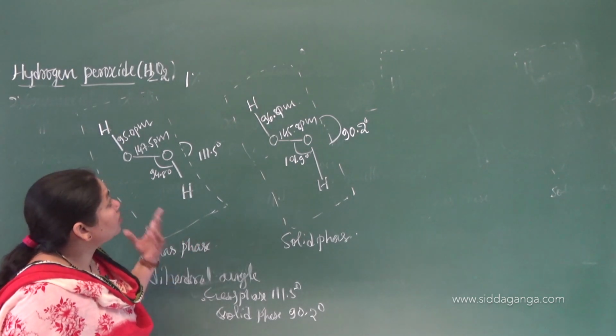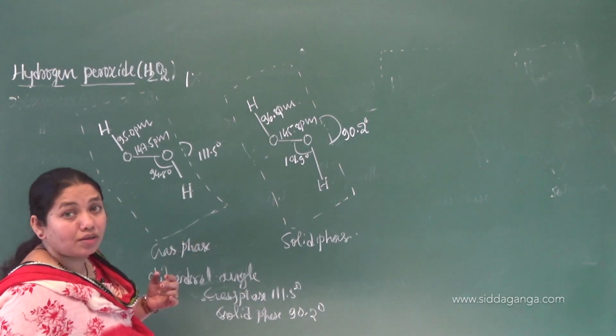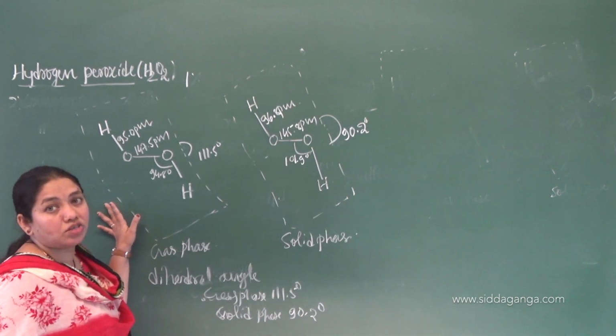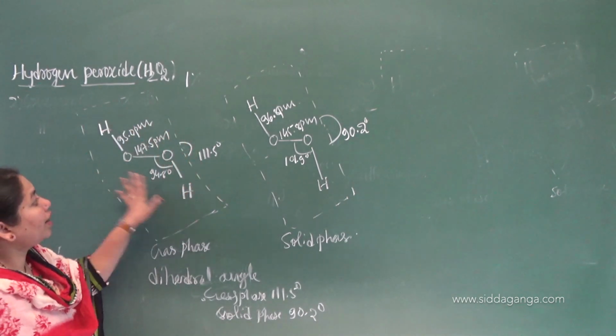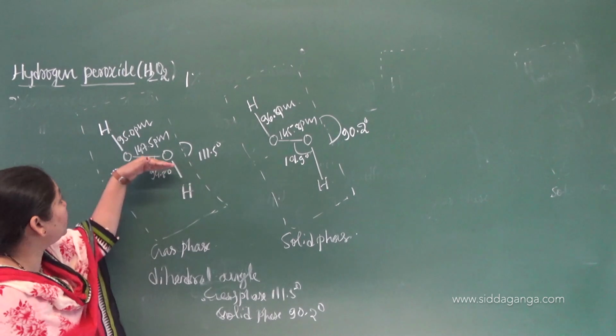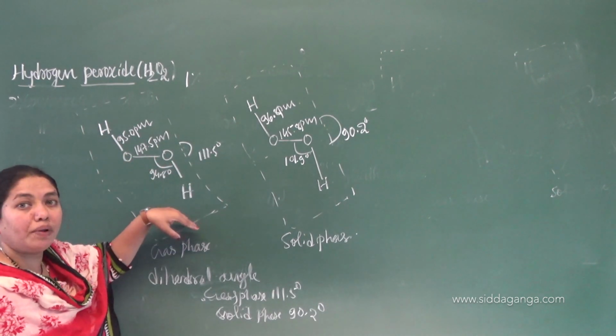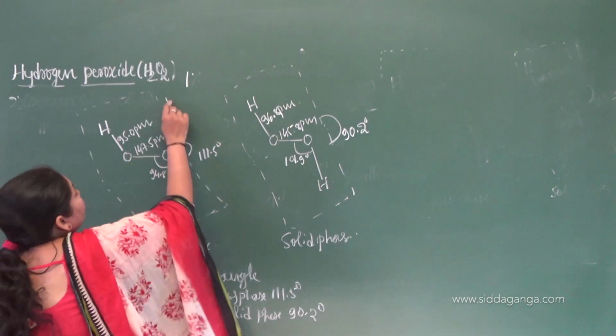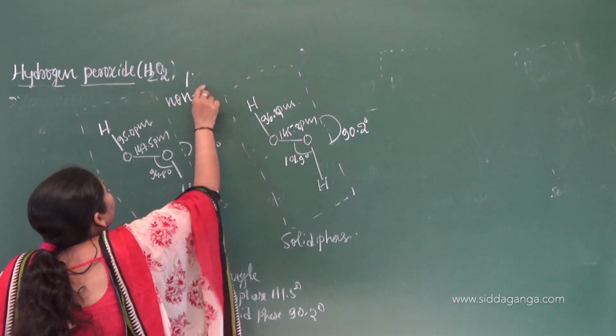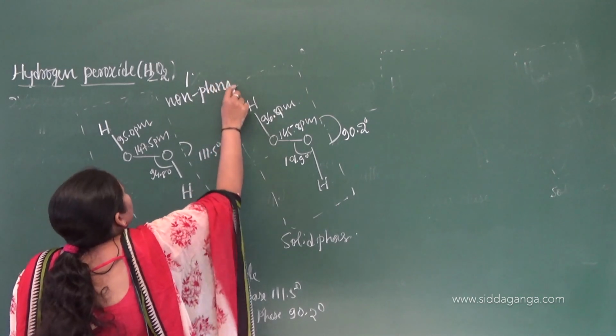So that is the structure of hydrogen peroxide, and as I said, this is a non-planar structure. All the atoms are in different planes. Only these two oxygens are in the plane, but one hydrogen is above the plane and another hydrogen is below the plane. So with reference to the structure, it is non-planar in nature.